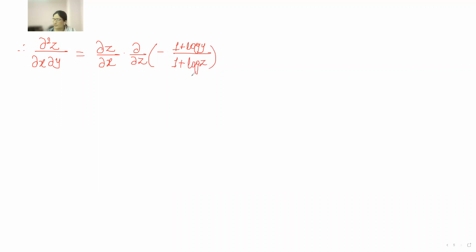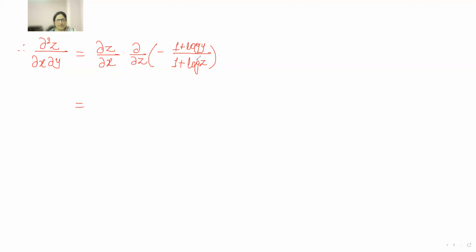Therefore, ∂²z/∂x∂y is equal to ∂z/∂x into ∂/∂z of (−(1 + log y)) divided by (1 + log z), which is equal to ∂/∂z, the derivative of this function with respect to z.